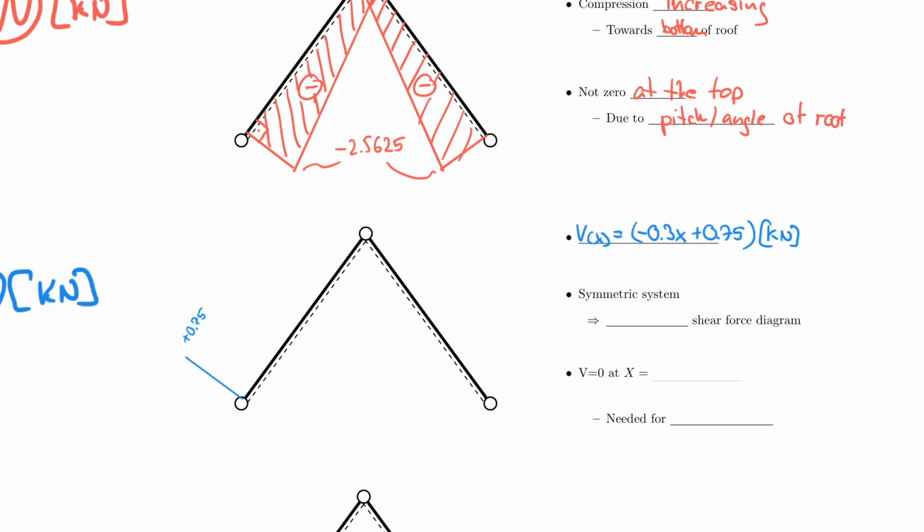And so therefore I just plug in values for x. So for example, 1, 2, 3, 4, 5, of course with a maximum of 5. But if I plug in 5, I actually end up with negative 0.75.